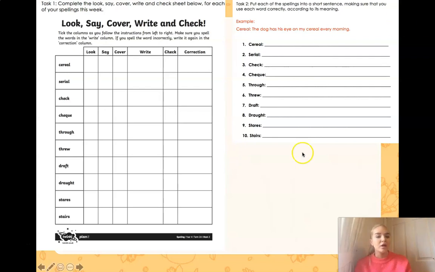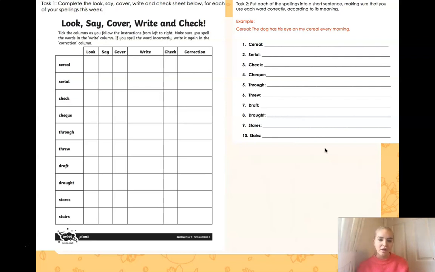Another way that I want you to learn your spellings is by putting each of the spelling words into a short sentence. Now, it might be a bit harder because you might not fully understand all of the meanings of the different homophones. You might understand most of them, but that's why we looked at the definitions earlier on in this lesson. So I want to challenge you and I want to see if you can use a different starting point for your sentence other than saying I. So if I were to write a sentence about cereal, I don't want you to write, I had cereal for breakfast this morning.